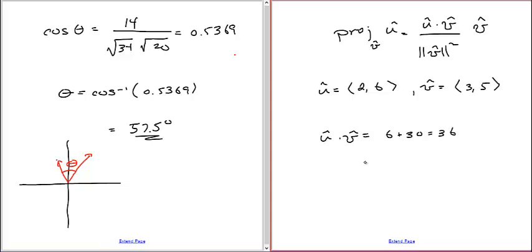So u dot v is 36. And the magnitude of v squared is just, you do v, not u, so it's just 3 squared plus 5 squared. Because the magnitude of v is equal to the square root of this, so if you square it, you get rid of the square root sign. So that's 25 plus 9, which is 34.